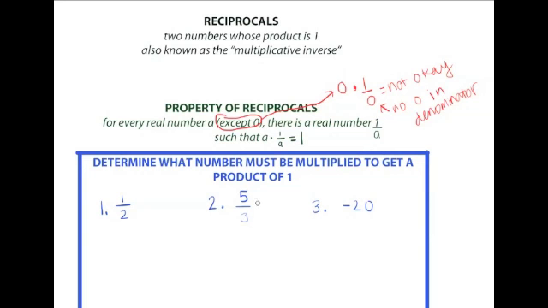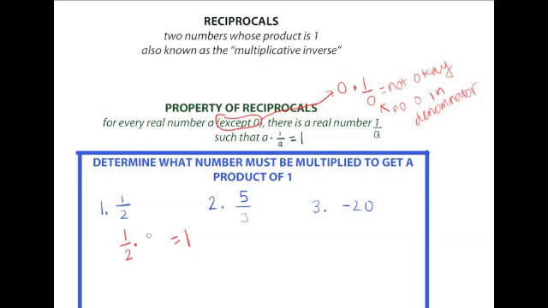So looking at this blue box, we want to determine what number must be multiplied to get a product of 1. Looking at number 1, I have 1 over 2. What do I have to multiply to 1 over 2 to get 1? I just flip it.